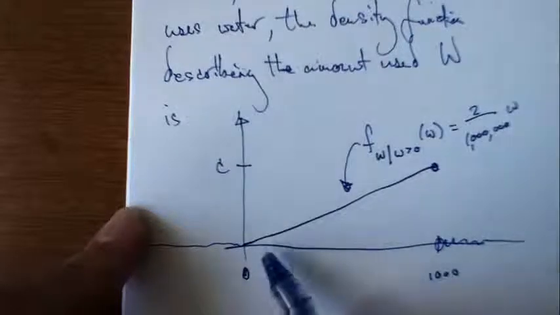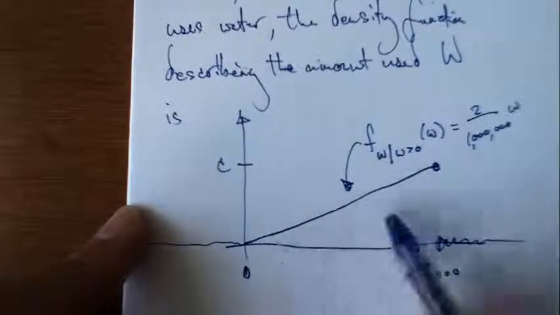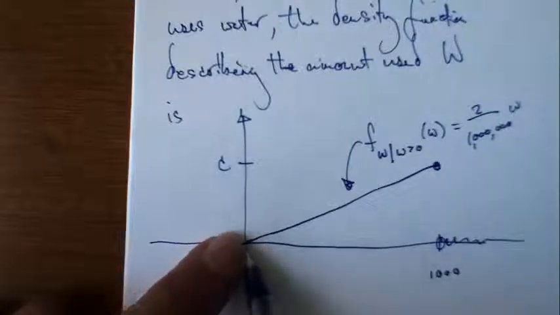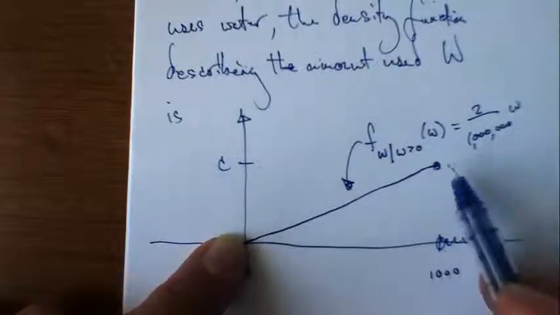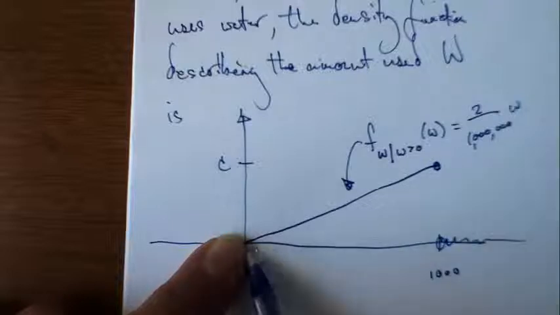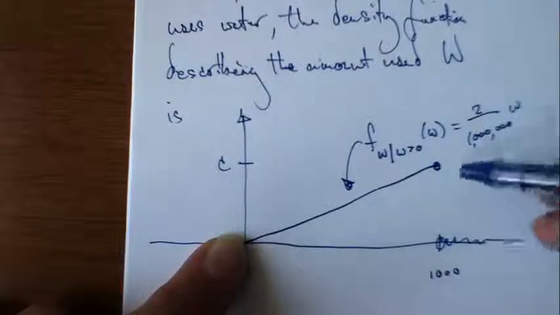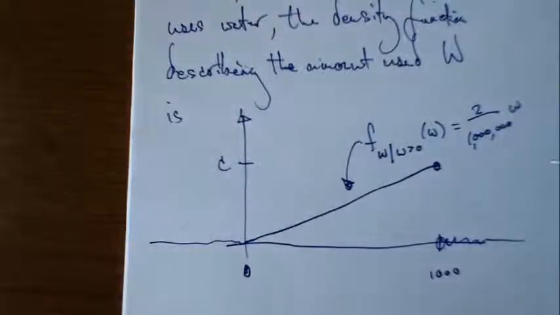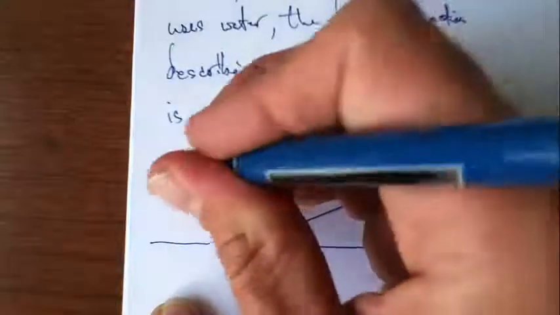Because if this is an actual density function, I need it to integrate to 1, right? So 1,000 times this much times a half should be 1. So I think C should be 2 over 1,000.